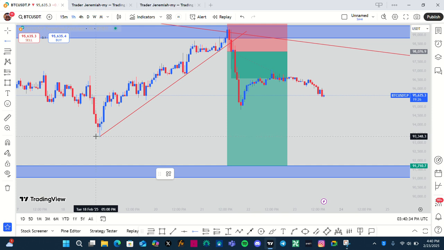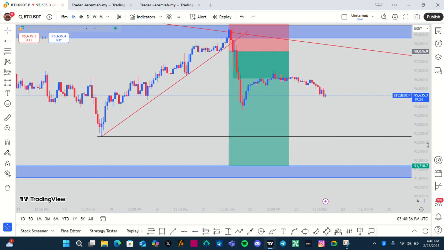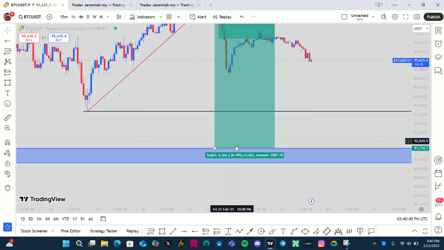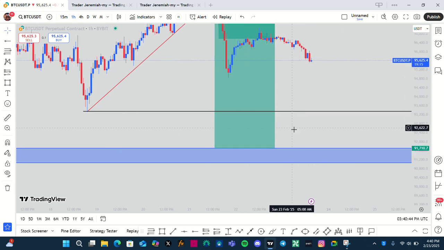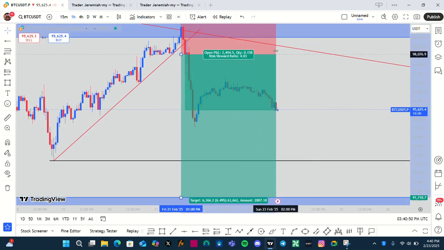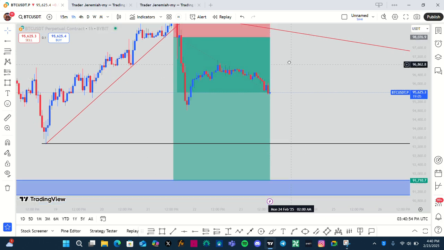So when price got to this area, I would have already moved my stop loss to break even and also taken out a portion of my trade. So I will close some of my position, then wait for price to break this black line, then come into the zone. So that's how you can also be using technical analysis for cryptocurrencies like Bitcoin.